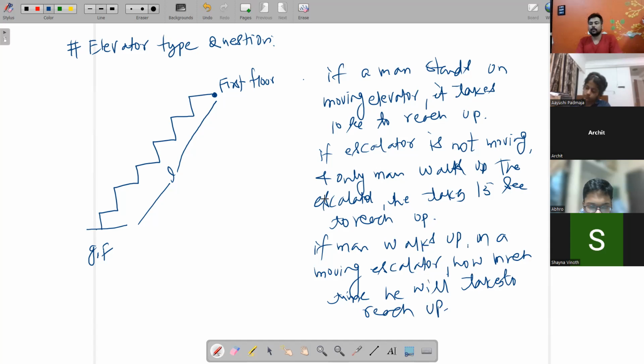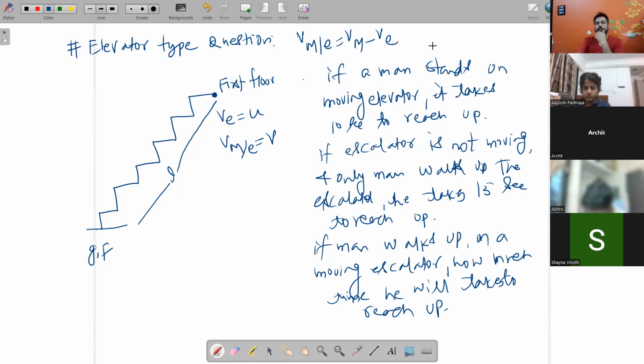Suppose the velocity of the escalator is u, and the velocity of the man with respect to the escalator is v. When the escalator is not moving, whatever the velocity of the man is, that would be the velocity of the man with respect to the escalator. So velocity of man with respect to escalator is velocity of man minus velocity of escalator.